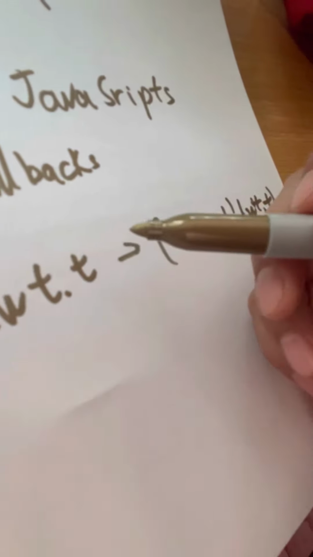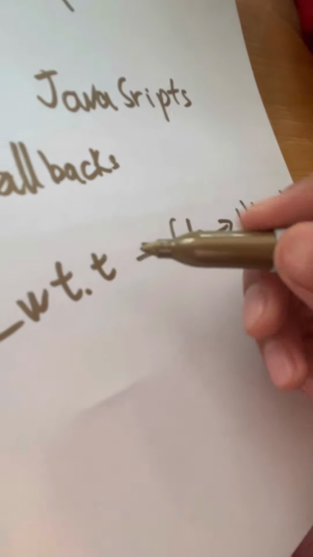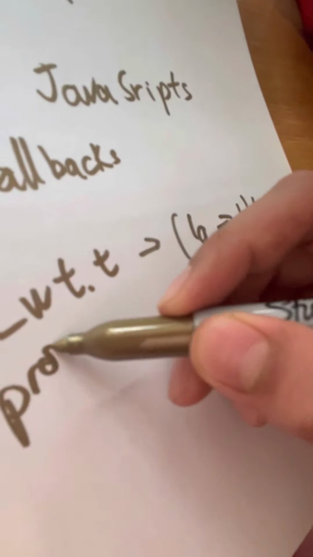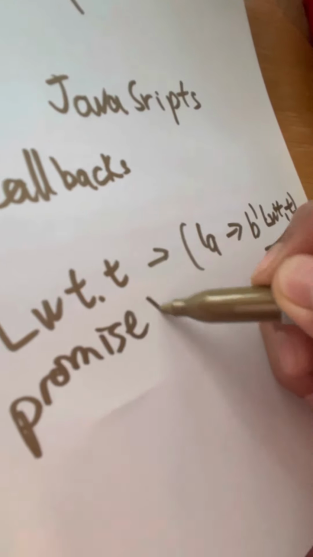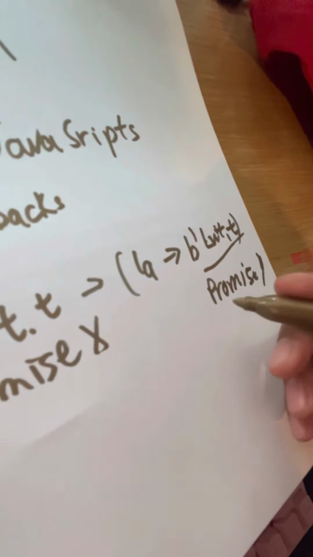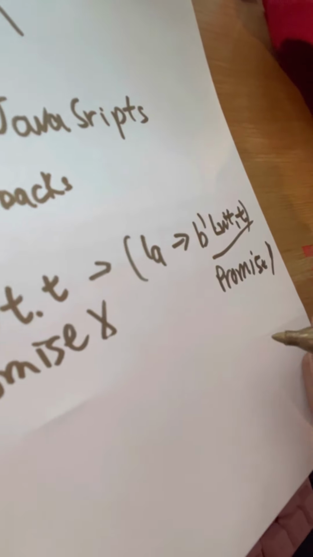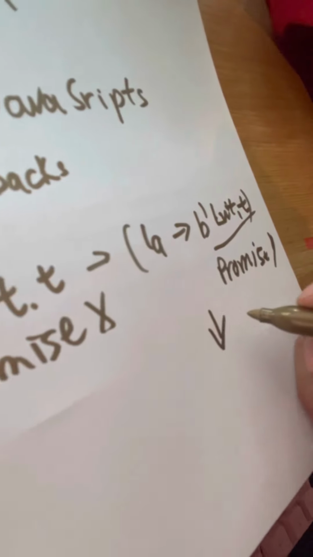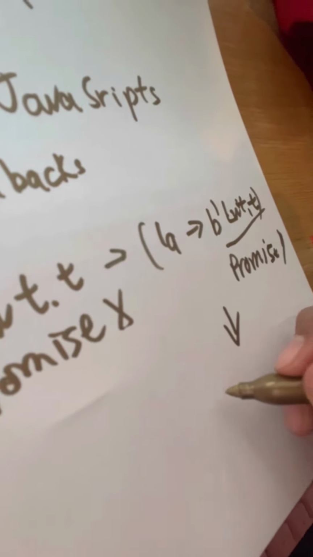Correspondingly, the type of LWT.t is alpha t, or promise X, you could call this, and this you can call promise Y, which in turn returns to the user this final promise as output.